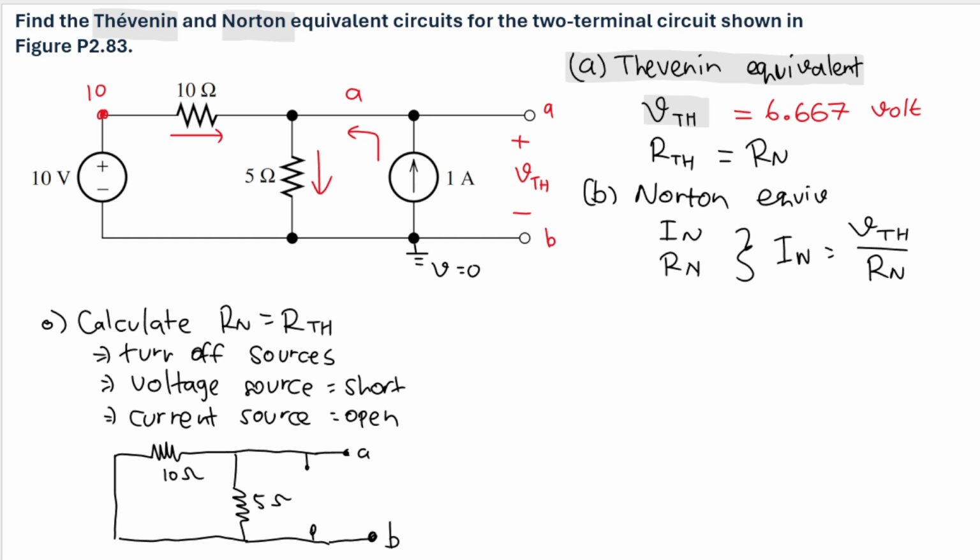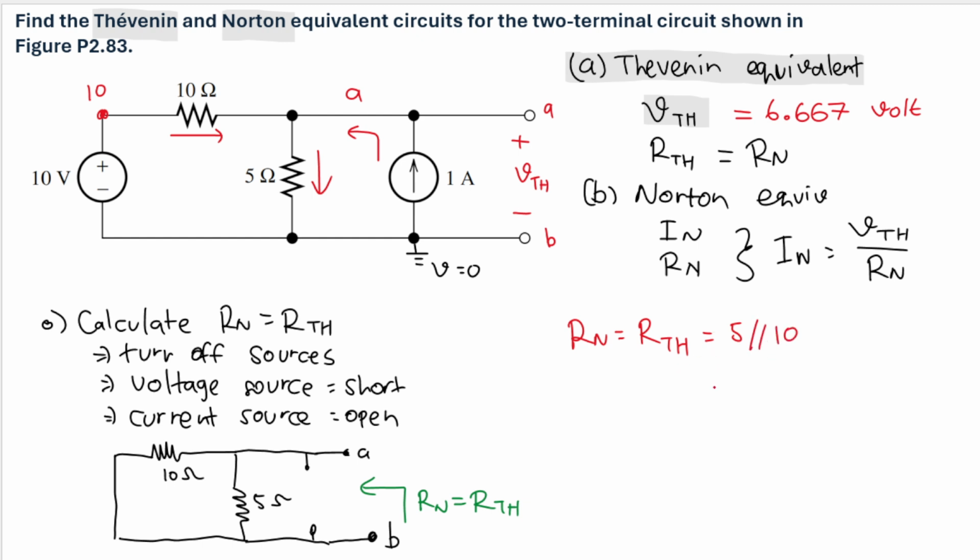Okay, and what is Rn or RTH? It is the resistance seen from this terminal here. This one is Rn or RTH. And in this case, this is just 5 parallel with 10, right? So we will have our Rn or RTH is equal to 5 parallel with 10.